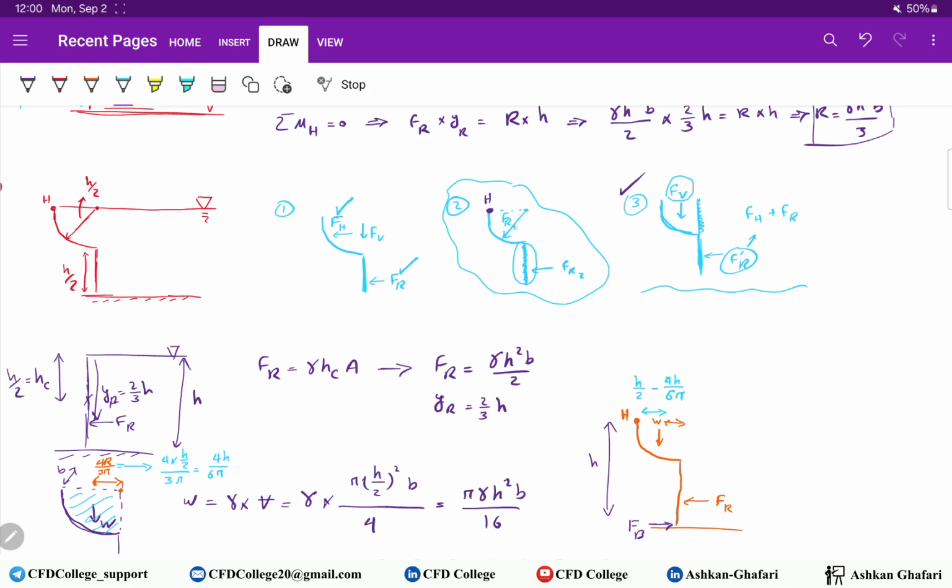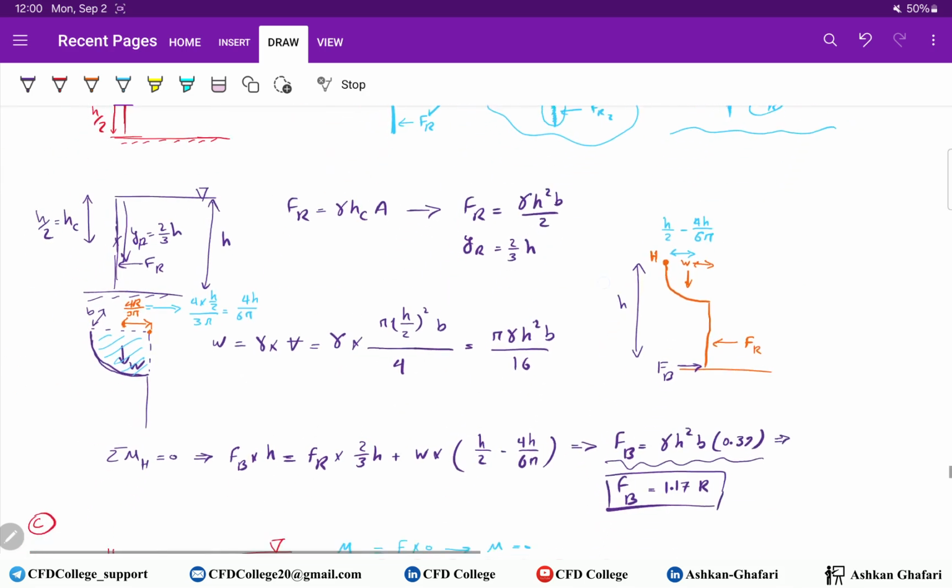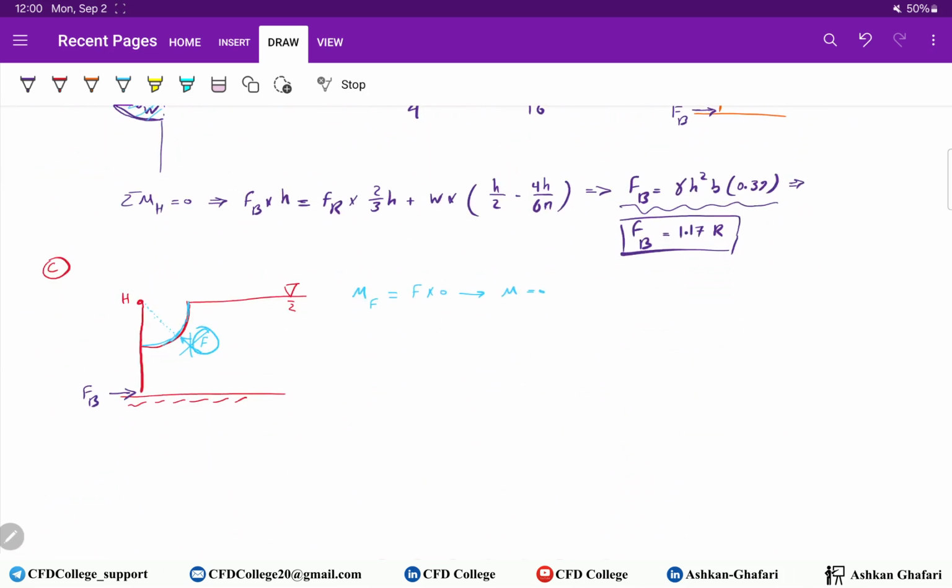But here, the horizontal part of the force is included in this force, and we should not consider the horizontal force acting on the circular part. So we have only this part.